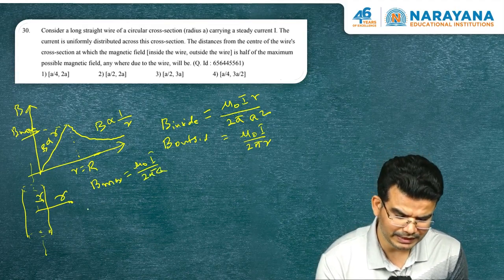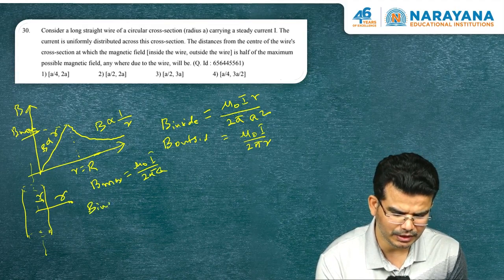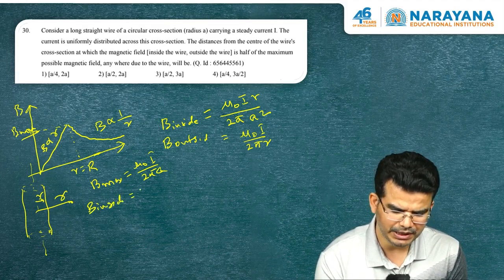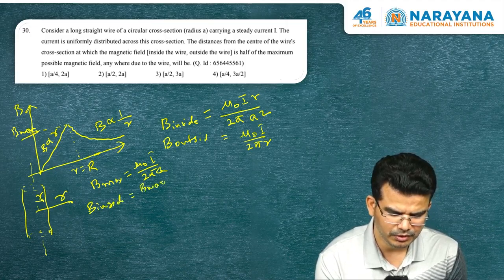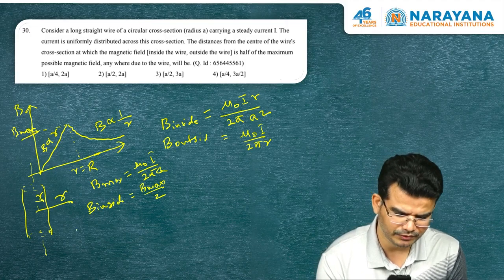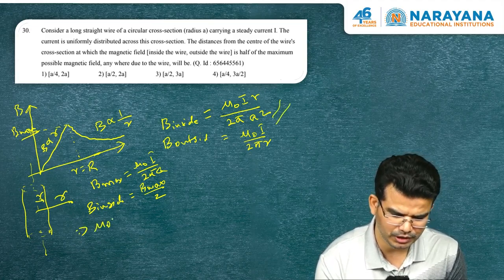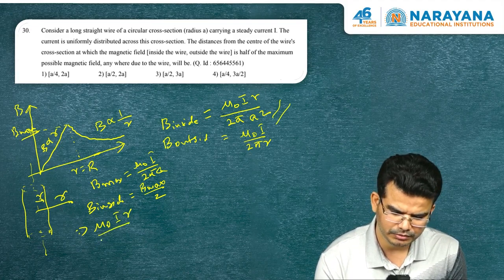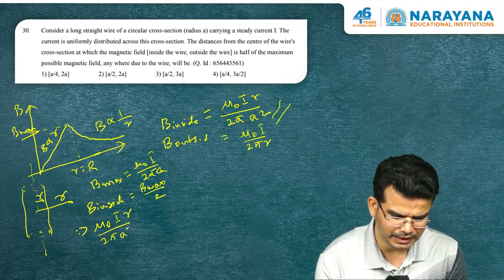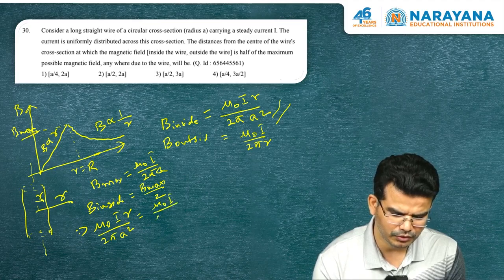Now, what are they saying? For B inside, you have to find the distance r. B inside is B max by 2. So, just put the formula of B inside. You can say mu naught I r upon 2 pi a squared is equal to mu naught I upon 4 pi a.